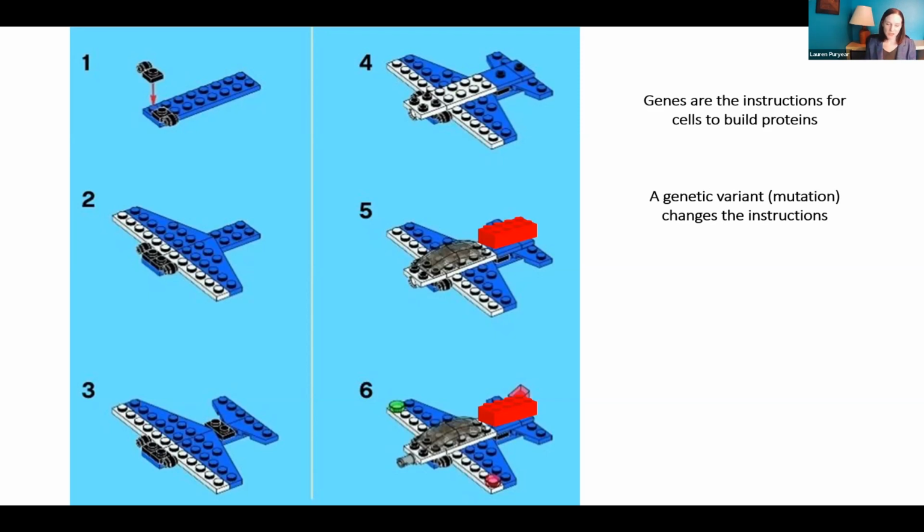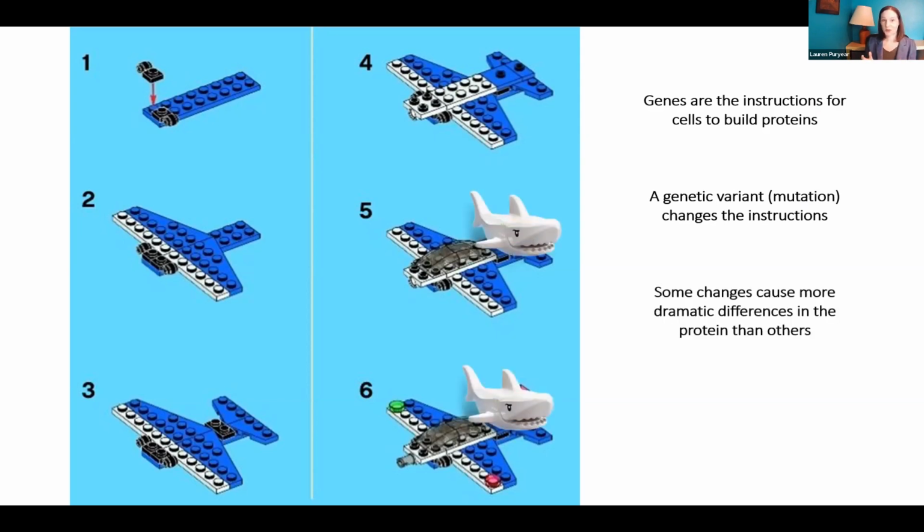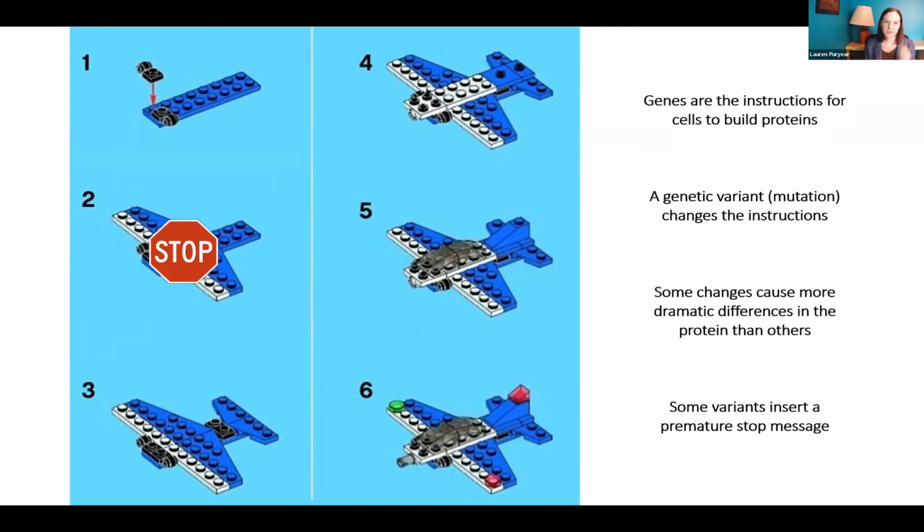As Dr. Byers mentioned, sometimes you have a more dramatic difference in the instructions. And so you might end up with a protein that looks much more different, and the function would be impacted a lot more by some kinds of genetic variants than by others. And as Dr. Byers also mentioned, sometimes instead of having a swap of one building block for another, a genetic variant might tell the cell to stop early in the instructions instead of at the end of that gene.